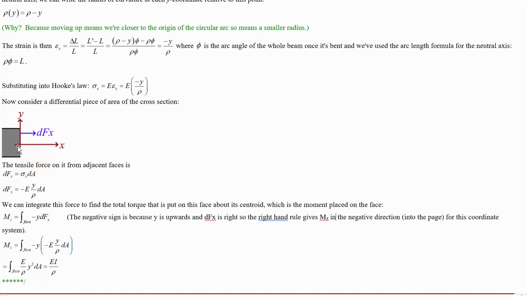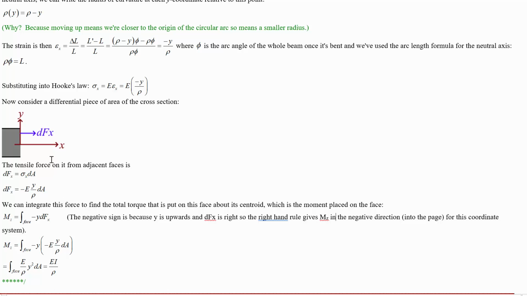So the net torque is the integral of negative y times this little differential force. Substituting in what we found that differential force has to be, given the length change that shows up in bending, the negatives cancel, and the moment placed on this face in the z direction is the integral of E over rho times y squared across the surface.